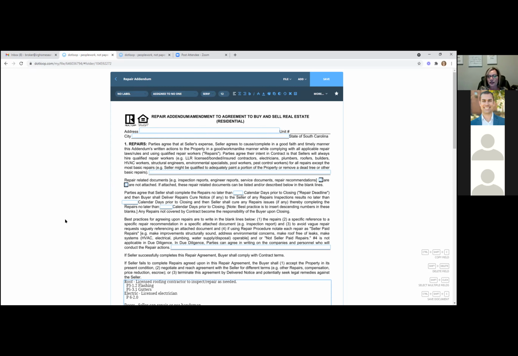Then I send them the inspection report and the repair addendum. And I tell them, look through the inspection report and look through the repair addendum that I have created. Let me know if there's anything that you want to add to it or take away from it, or if you have questions about anything, or if I can explain, or if it looks perfect to you and that's the way you would have created it.